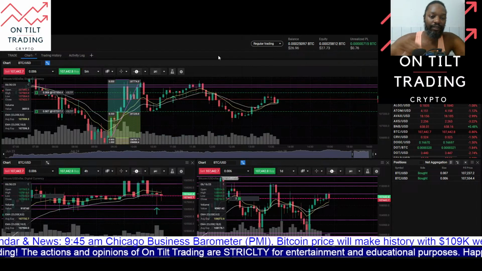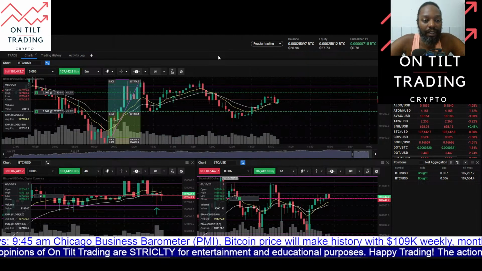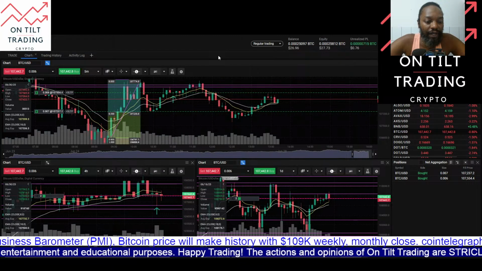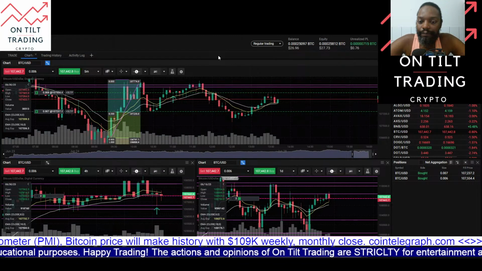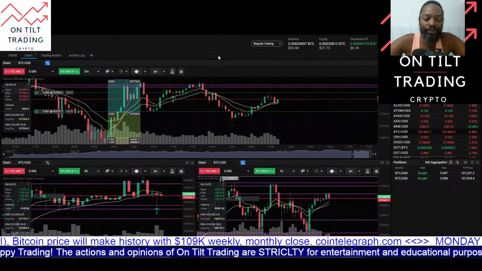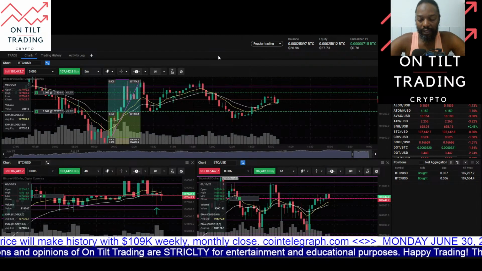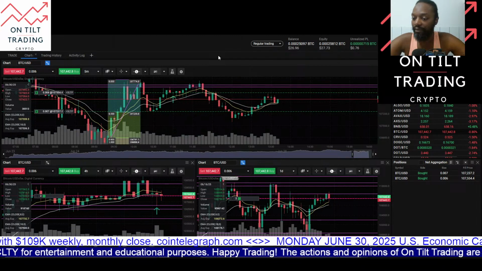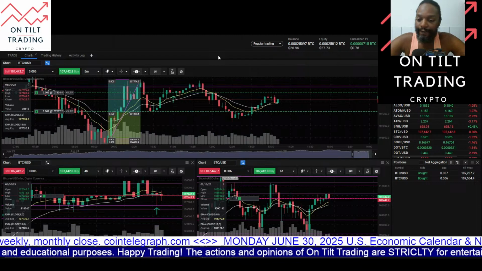So all things considered, best probabilities for entries being here off of the 5-minute. I would still like a better entry than the 9 EMA, but for consistency, I don't know if it would be possible. I'm going to have to do more back testing.